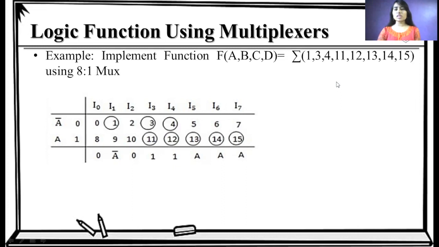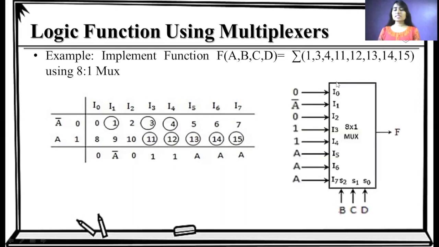Now this can be designed using an 8 cross 1 multiplexer. For the 8 cross 1 multiplexer, we have I0 to I7 inputs and a total of 3 selection lines S2, S1, S0. As here we use A as the data variable and B, C, D as the selection variables, represent B, C, D at the selection lines and then connect the input conditions at I0, I1, I2 respectively.